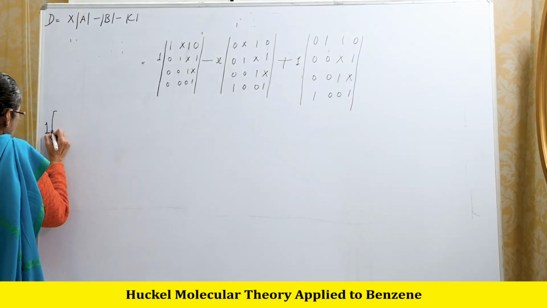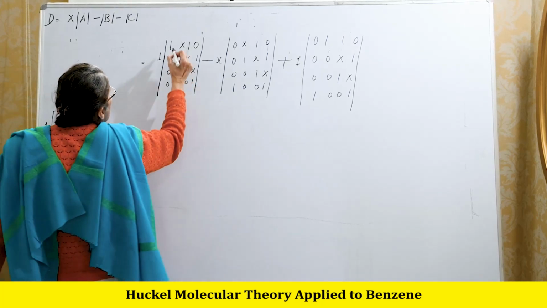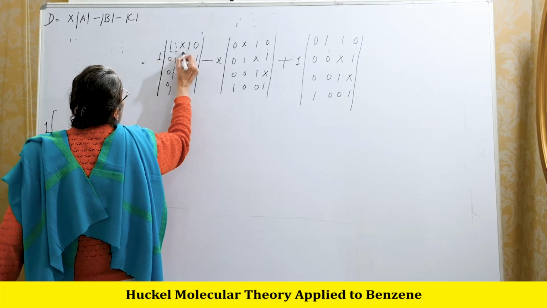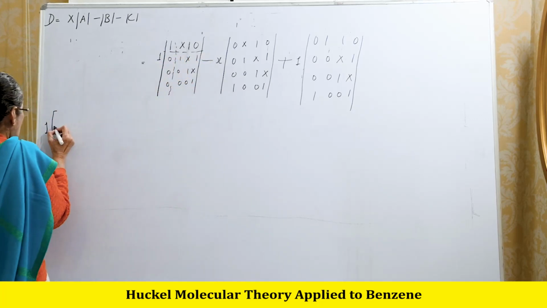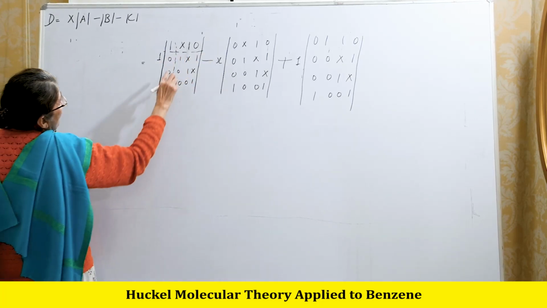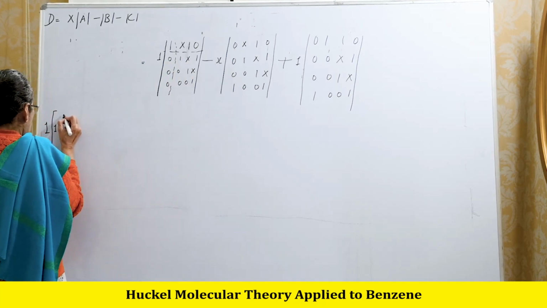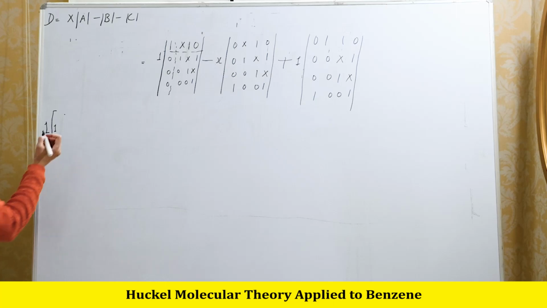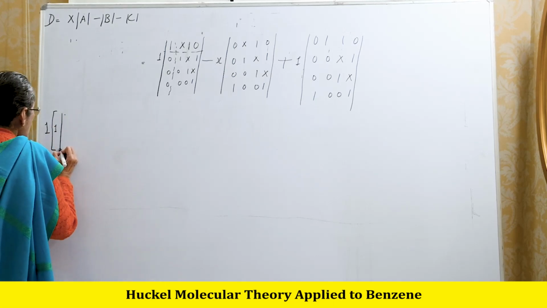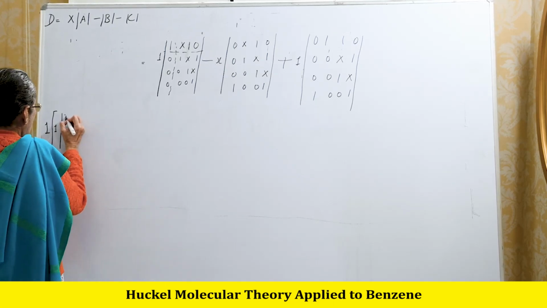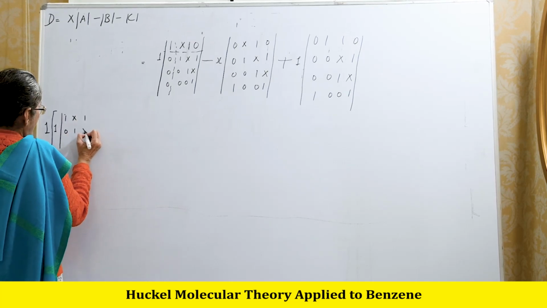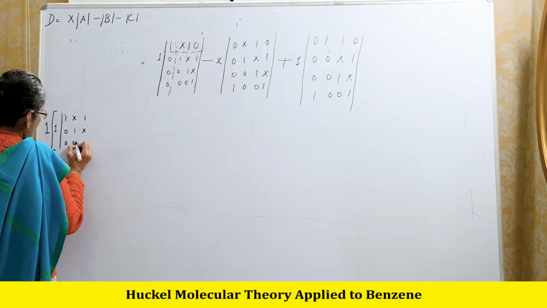So first we take this one. Now we use this large bracket, and this one is the multiplicative factor for this. This is 1 x 1 0 1 x and 0 0 1.